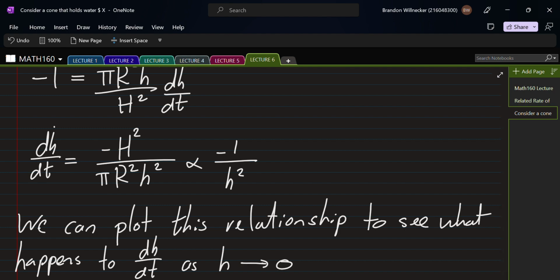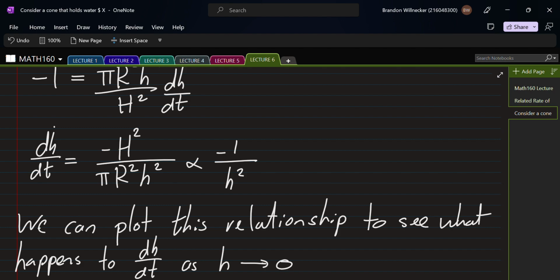So this little h starts off being capital H, and then over time it goes to 0 as the water goes out, and then we can see how quickly the height changes.